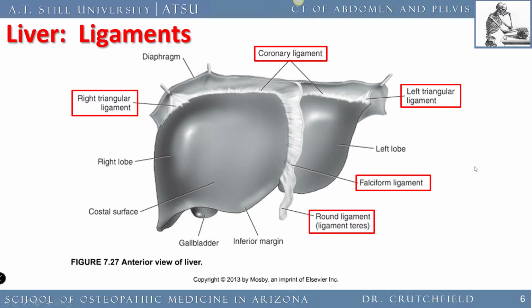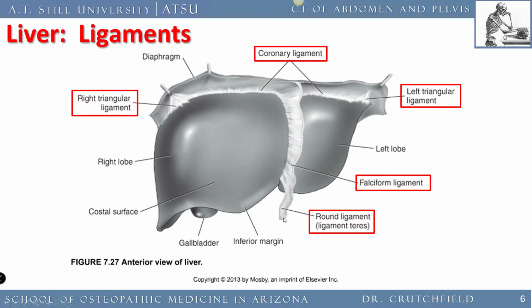Let's look at the liver and its ligaments. So at the very top, just like a crown, and that's where the word coronary comes from, we have the coronary ligaments. And then on the outer aspects, the left side of the liver and the right apex, we have the left triangular ligament and the right triangular ligament. Here's the falciform ligament, which is adherent to the undersurface of the anterior abdominal wall.